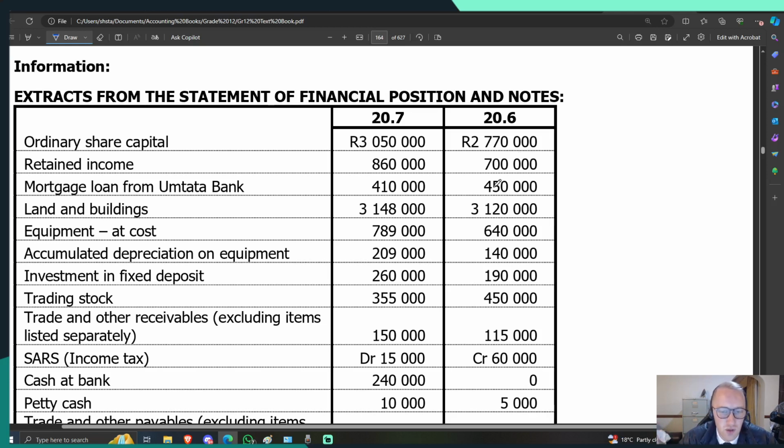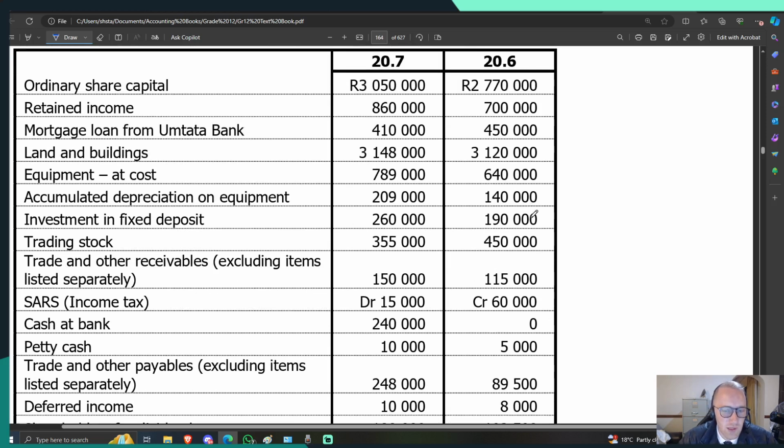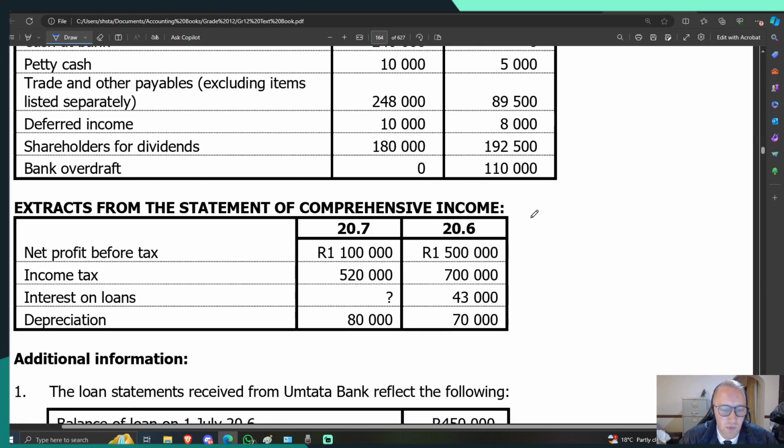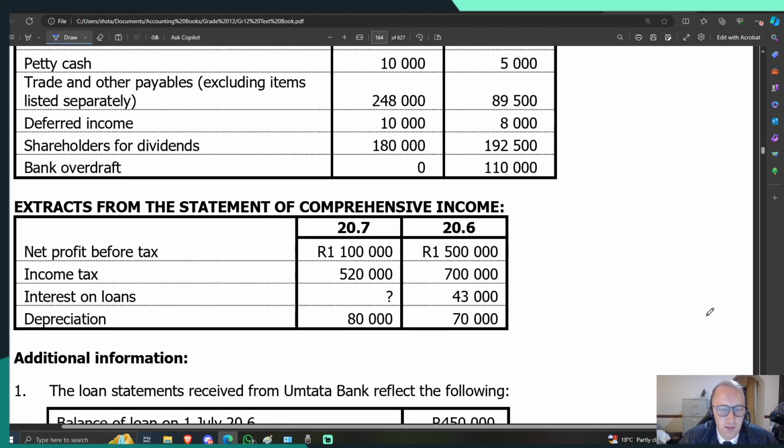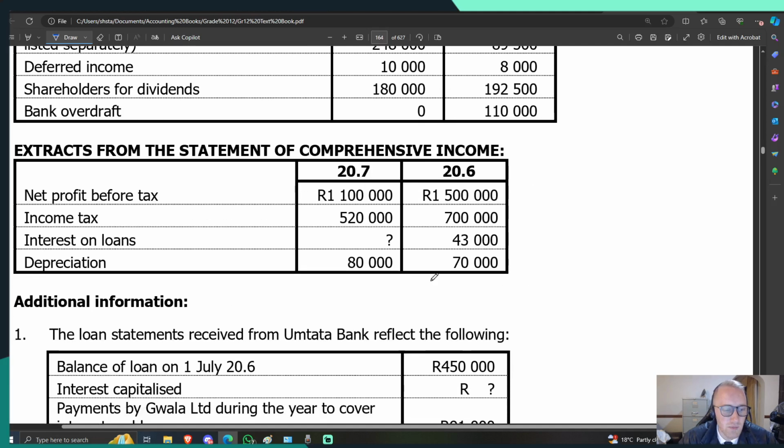I think this will actually be more user-friendly than the regular financial statements that they give us. That is the whole balance sheet with its notes separate. And here's a very small extract from the statement of comprehensive income. Wow, they really have made this easy for us.